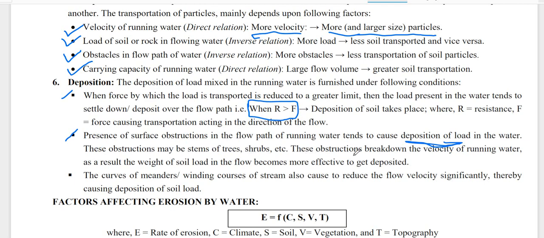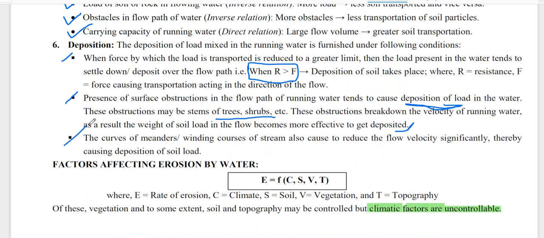These obstructions break down the velocity of the running water, as a result of which the weight of soil clouds in the flow becomes more effective to get deposited.